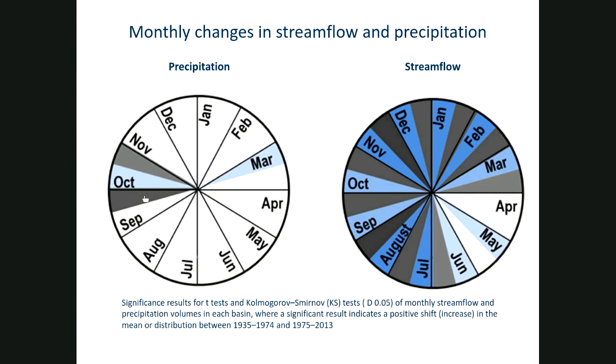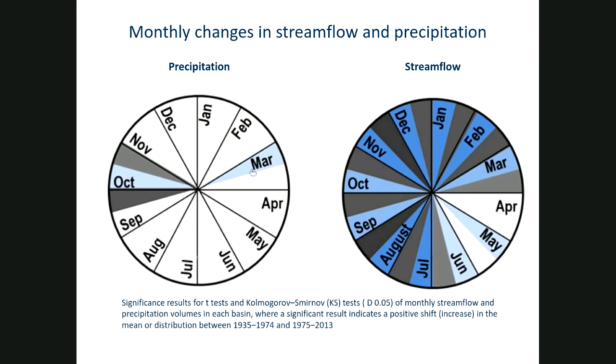So in the Red Basin, comparing a 35 to 74 time period and a 75 to 2013 time period, we've got significantly more runoff, and the percentage of runoff is higher in September and October than it used to be. And then there's more runoff in March than there has been.